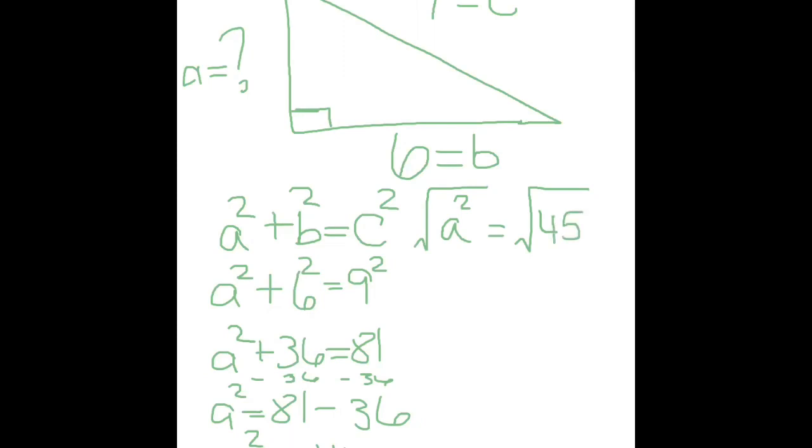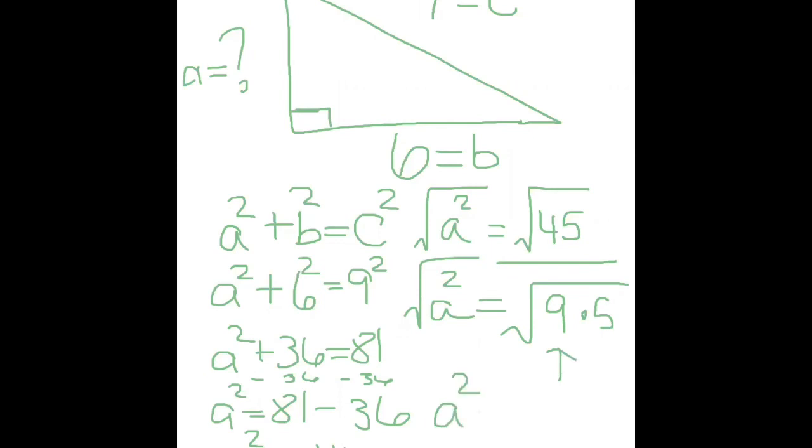Note that I'm going to look for any perfect square values in the square root. I know that factors of 45 are 9 and 5. 9 times 5 is 45. I can take this perfect square out. So I have A is equal to 3 root 5.